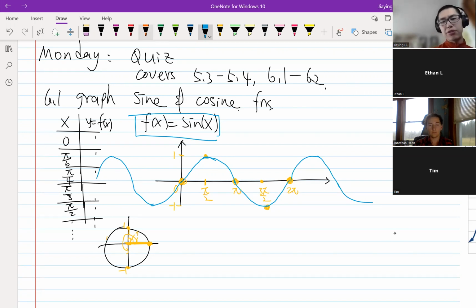One is a line through the middle of the function. This is called the midline. And also the amplitude, which is from the highest point to the midline, or maybe from the lowest point to the midline. Usually we use the highest point to the midline. This distance is called the amplitude.